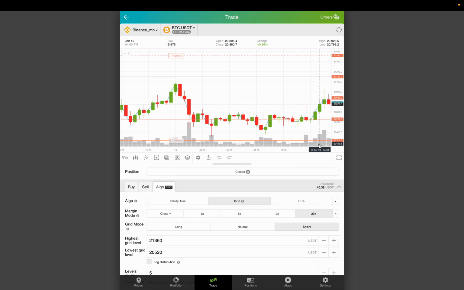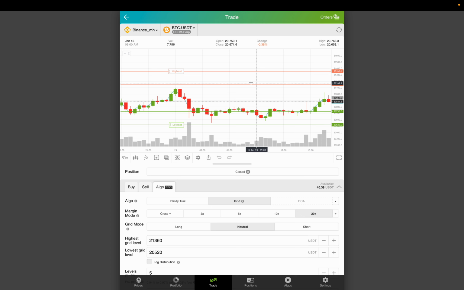So again, neutral grid profits from volatility inside the grid range, and if market price leaves the grid range and goes either up or down, you start losing money if you didn't stop it, because you are basically left with either a positive or a negative position here, and if the price continues moving up or down, you'll be losing money in both directions, right?